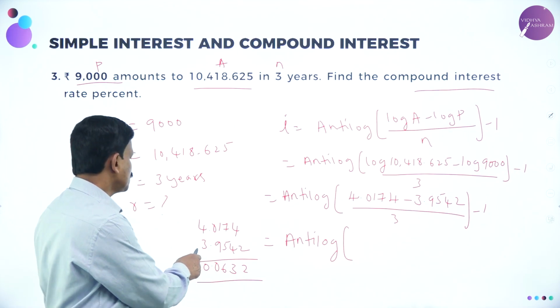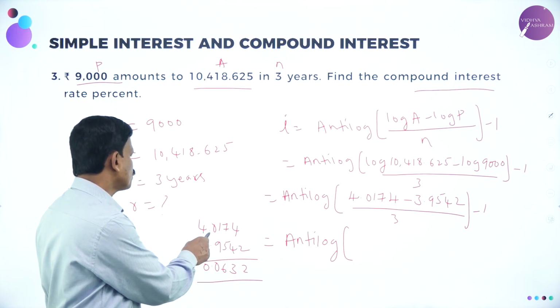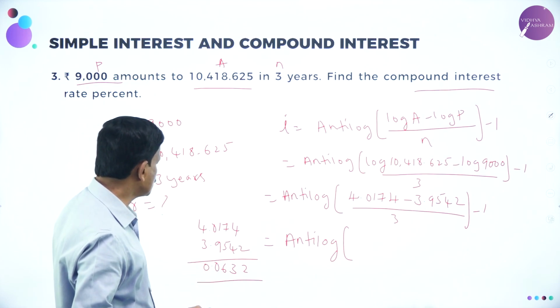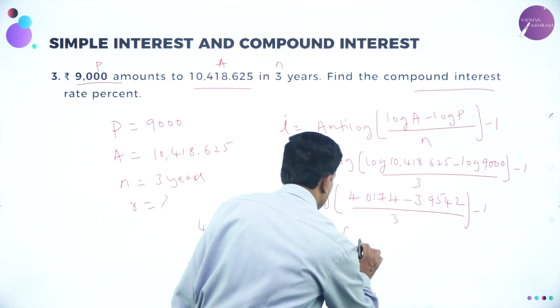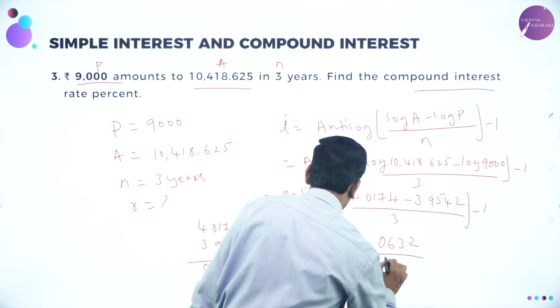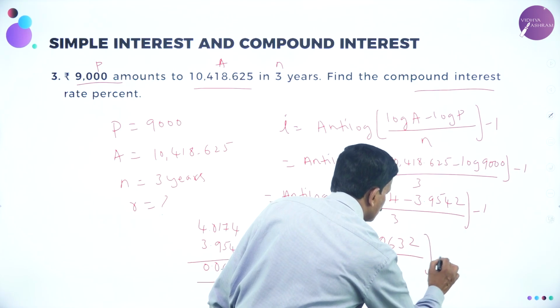If I subtract 3.9542 from 4.0174, I am going to get 0.0632. So what is the answer we are going to get here? 0.0632 divided by, what is N? N is 3 minus 1.